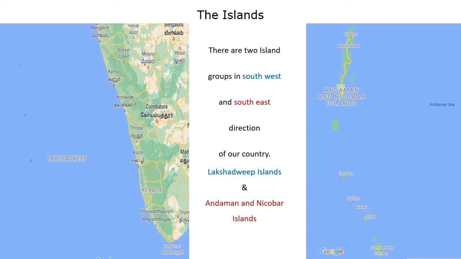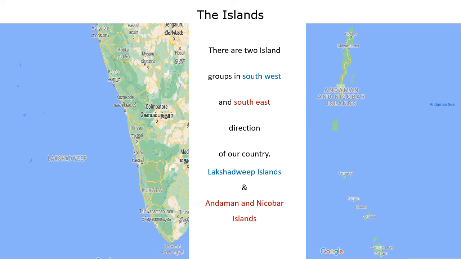Earlier the Lakshadweep were termed Lakkadevi, Minikoi and Ammandevi. These were small parts that were combined together in the year 1973 and called the Lakshadweep Islands. So previously they were called by different names.